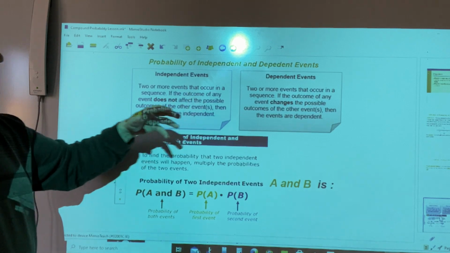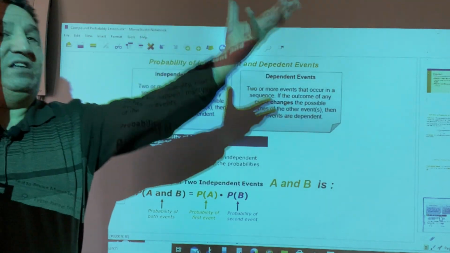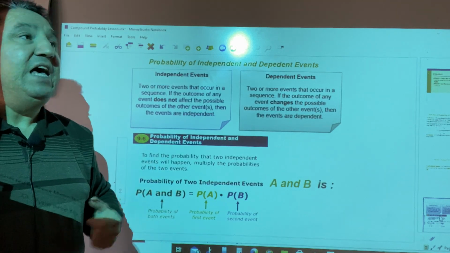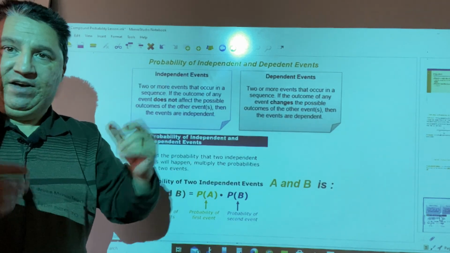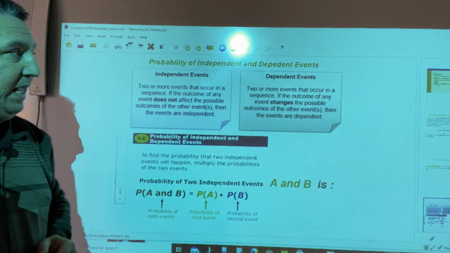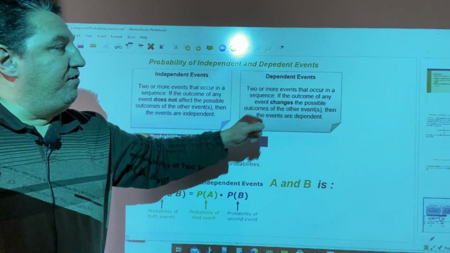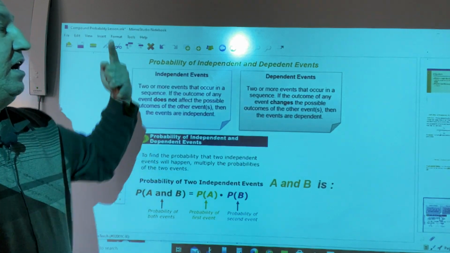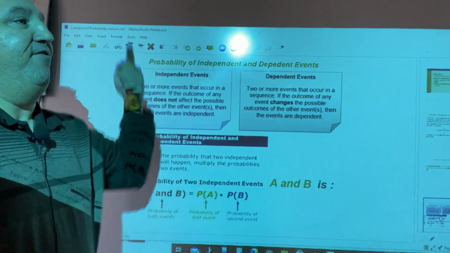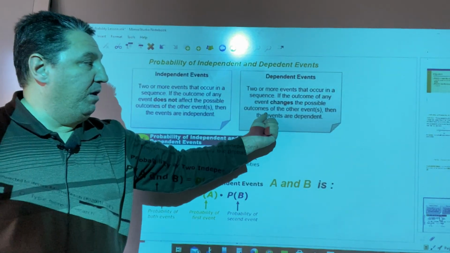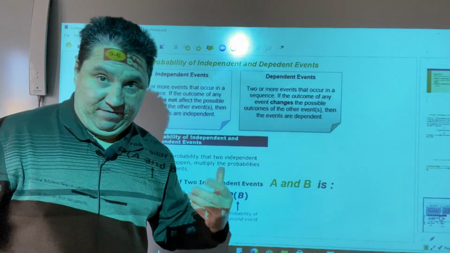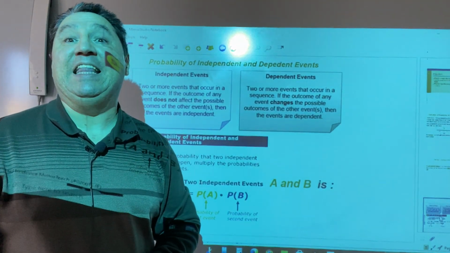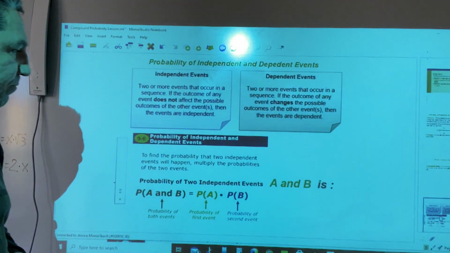If the outcome of any event does not affect the outcome of the other event, we call these events independent. If the outcome of any event changes or affects the possible outcomes of the other events, then these events are called dependent, right?